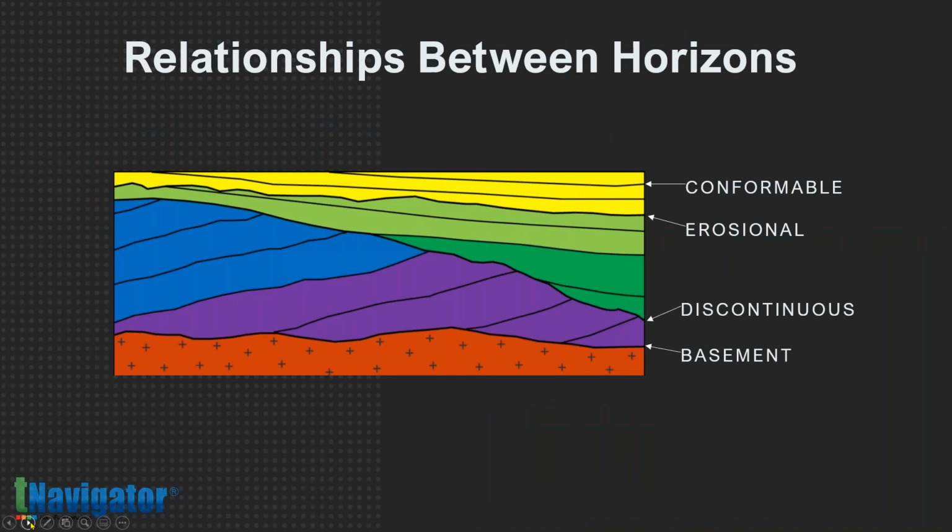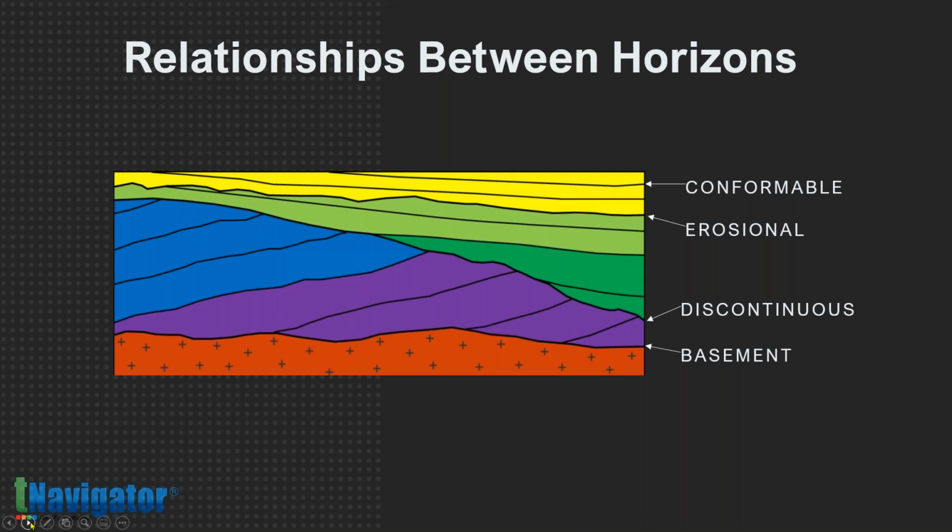So there are a variety of ways that surfaces can meet in reservoirs, and here is a selection of what we can model in tNavigator. This is a great example of where a picture is worth 1,000 words.